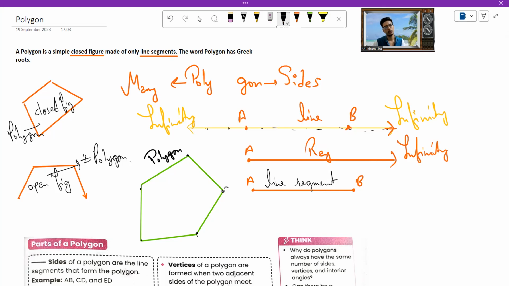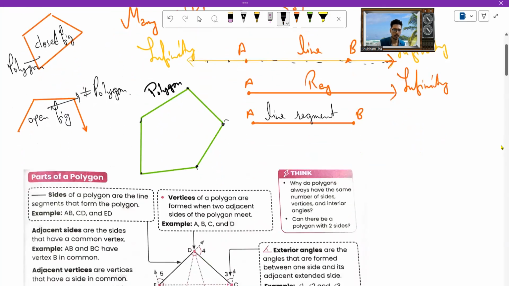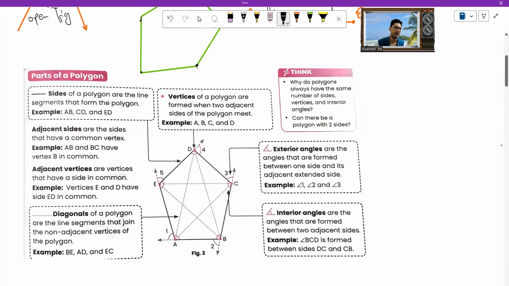Now let's look into the components of a polygon. The components of a polygon are its vertices, its sides, angles, and also the diagonals. Now see, this is a line segment, correct? And when two line segments are meeting at a point, like if I have to draw, this is a line segment, or you can also use a ray, but now we are talking about line segments only.